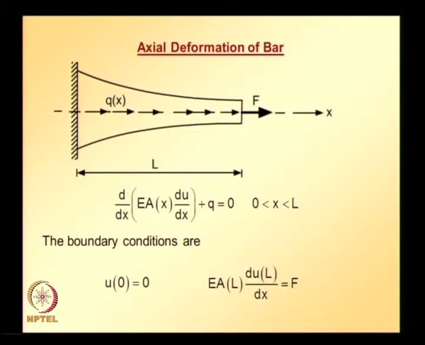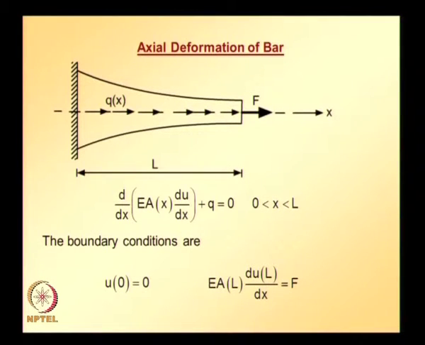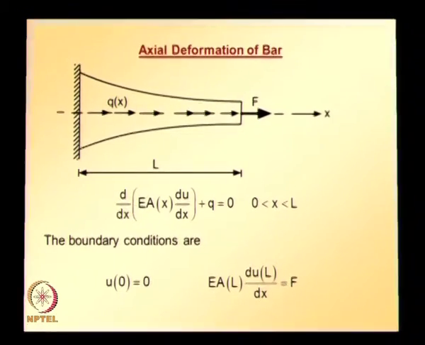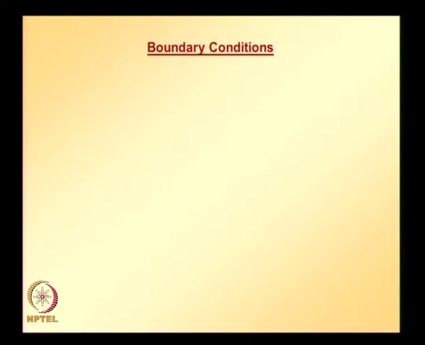So, we need to solve this differential equation subject to these boundary conditions to solve basically this problem of axial deformation of bar. And also we noted that one of the boundary conditions is essential, another boundary condition is natural. Here two boundary conditions are required because this is a second order boundary value problem, and also last class we noted a thumb rule to classify boundary conditions into essential and natural based on the order of the boundary value problem.